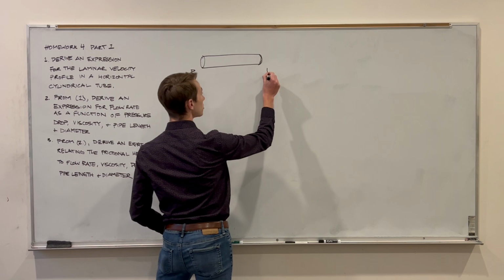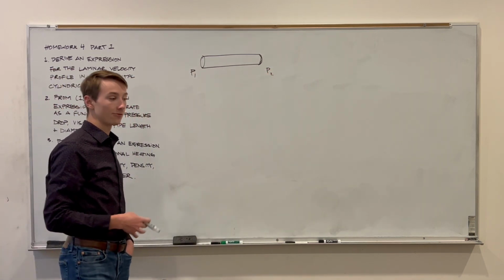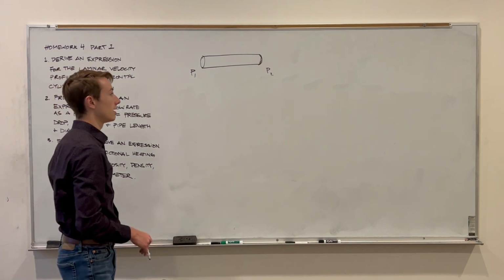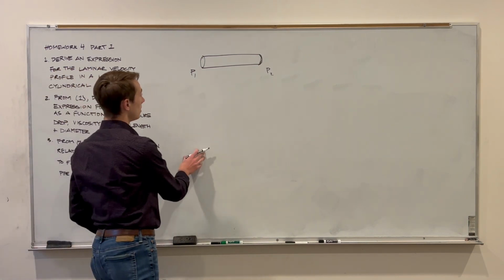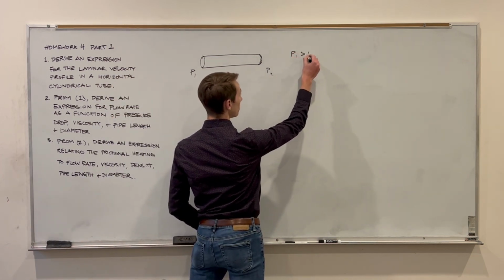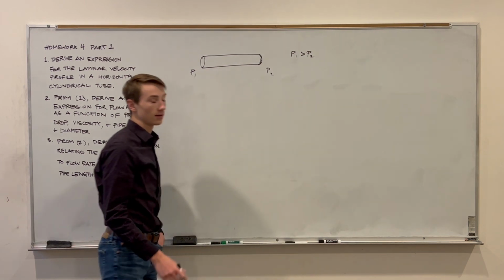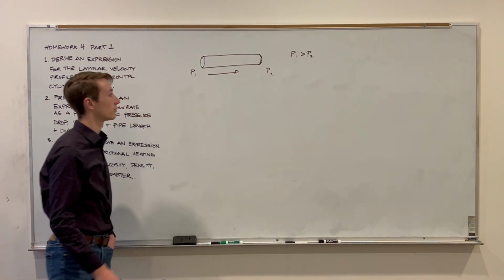So we might have pressure on this side and pressure on this side. And that pressure is going to induce a force which is going to induce a flow. And for this problem, we're going to assume it's been in a steady state. So let's assume that P1 is greater than P2, meaning the flow will travel from left to right. So like this, right? Left to right.